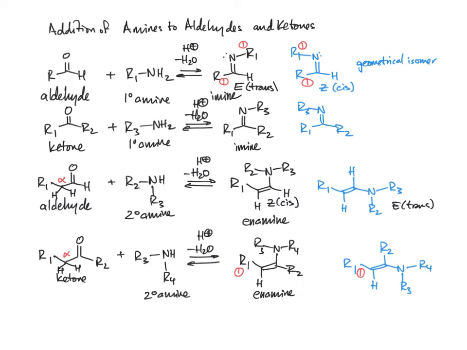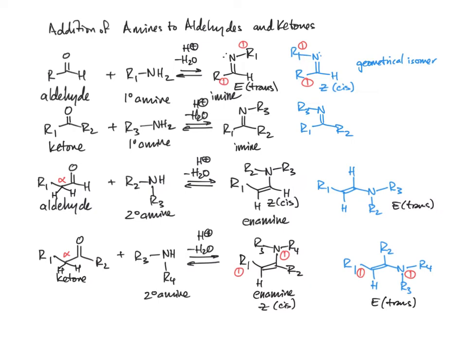The periodic table is CNOF, so N is going to get priority over C. So this will be 1. So for this left one, since they're both on the same side, this is going to be the Z or cis. Then this right one over here is going to be E or trans.